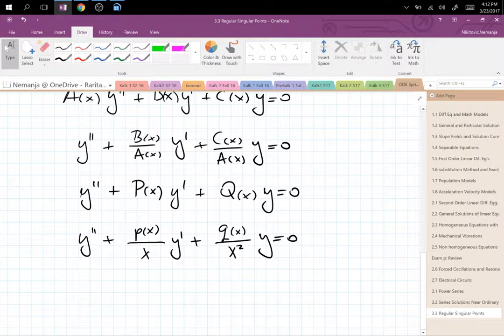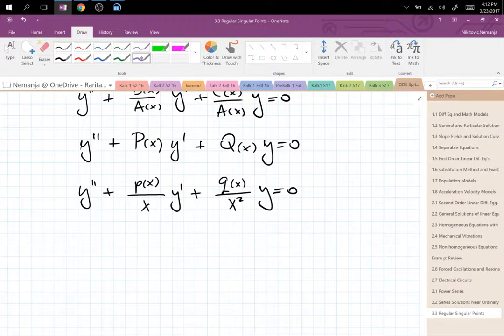In order to get our classification, we will say that if lowercase p(x) and lowercase q(x) are analytic, which means they are well behaved, polynomials with continuous derivatives and all that kind of stuff, then we have the regular singular point. If that's not the case, we have the other one, which is the irregular point. So this is the definition.